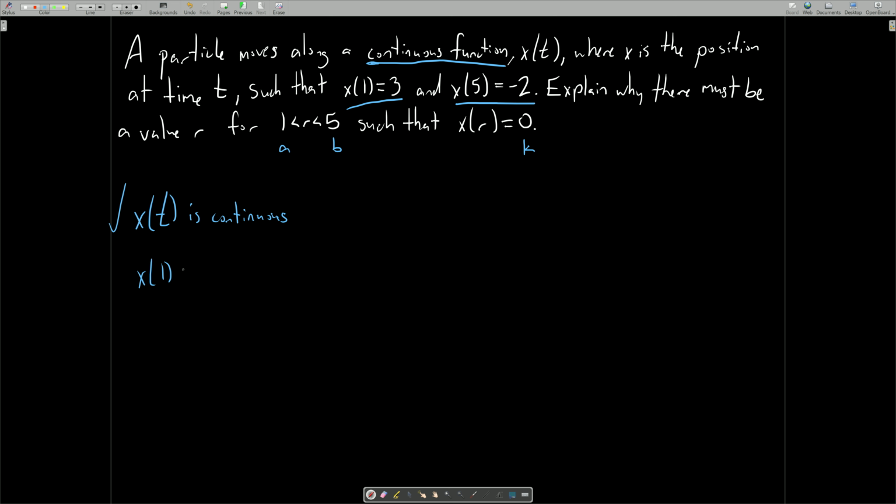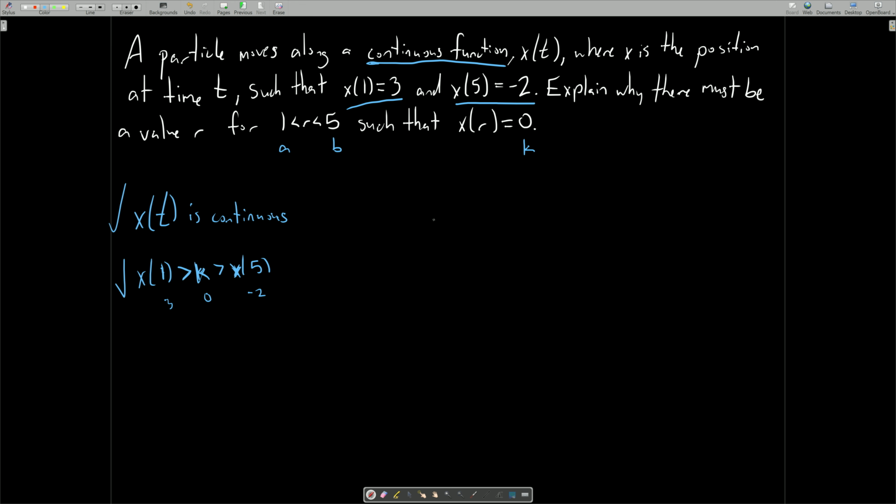X of 1 is greater than k, and k is greater than x of 5. I wrote it in the opposite way, since 1 is less than 5 here, but still you can see that k is between negative 2 and 3. That's your second condition.